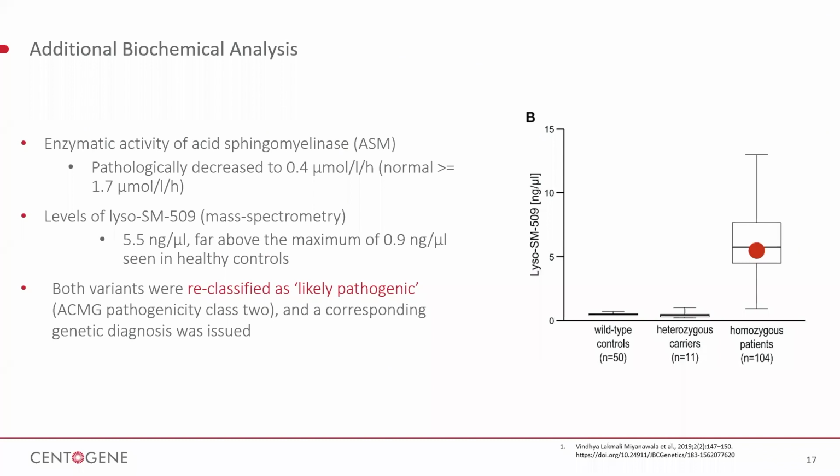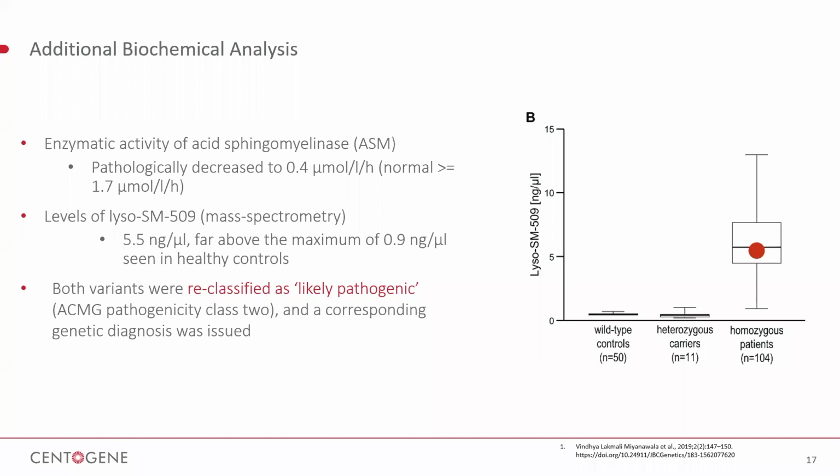Most importantly, the sample that was submitted was sent to us on a Cento card, which for those of you who aren't familiar is our dried blood spot card. The functional studies were not requested by the physician, but we were allowed to perform them as needed based off of the consent that was provided by the family and the fact that we had the Cento card sample.